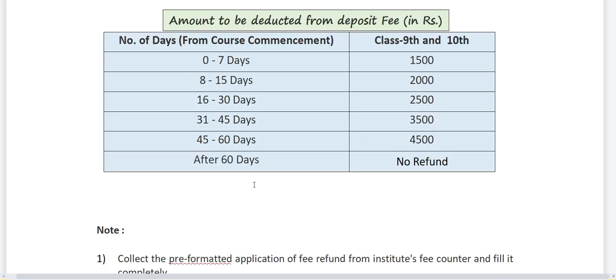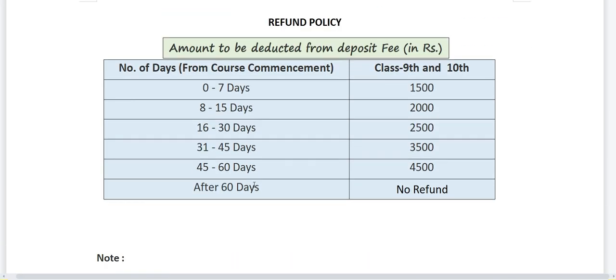Now moving on to the refund policy which Drona Academy currently has, applicable for the session 23-24. After submitting the admission fee, within 0 to 7 days, if you wish to withdraw the application, only 1,500 would be deducted from 6,000, and the rest of the amount will be refunded back to the parents.